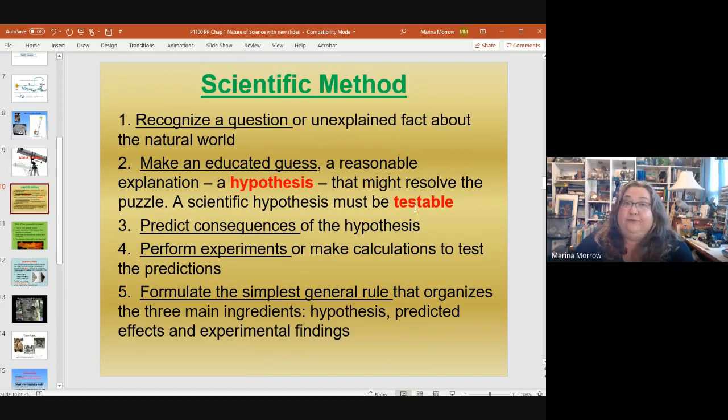And so then you would perform those experiments. Now, sometimes you can't perform an experiment in a lab. So it has to be an observation. So like right now, we can't put black holes in the lab, but we know where black holes are and we can observe them.